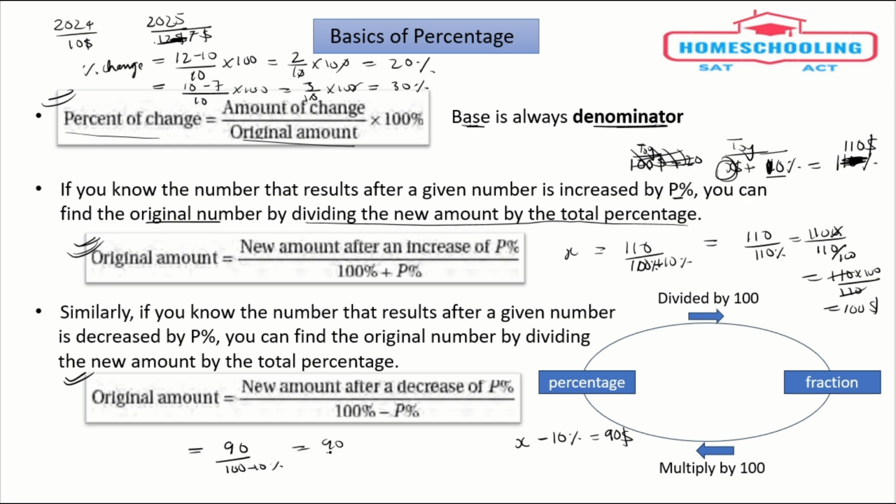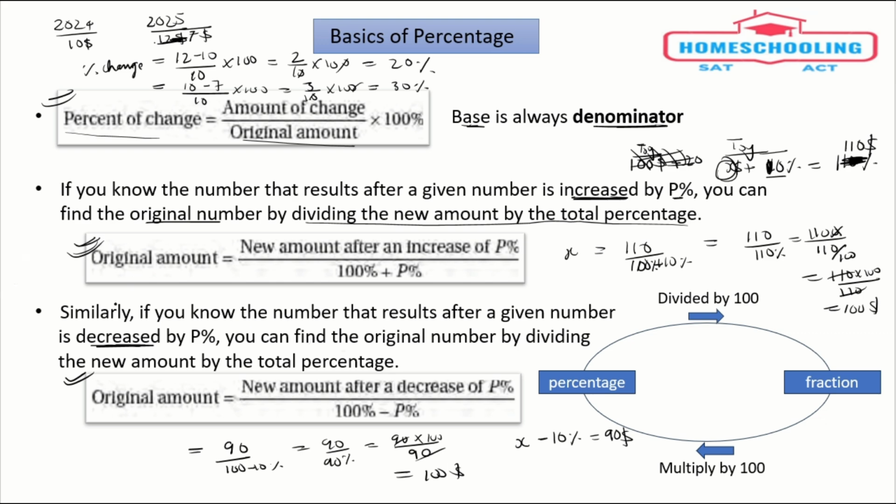So that would be 90 by 90%. The percent will go above, so this will be written as 100 by 90. So the original price would be $100. So you use the plus sign when you increase a number by some percentage, and when you reduce a number by some percentage, you use 100 minus p.